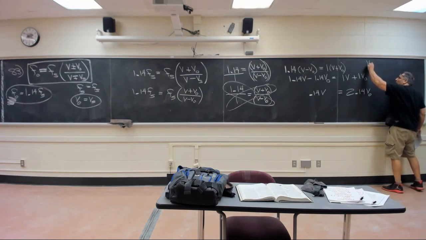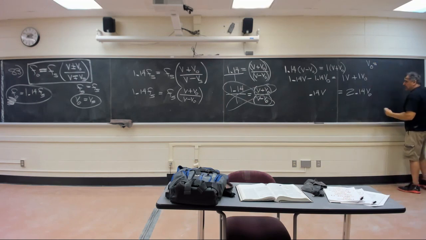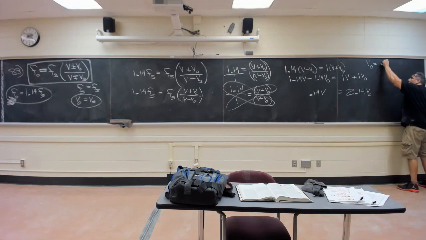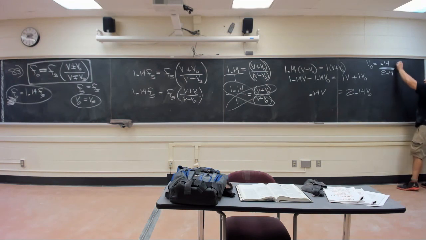VO is going to be what VS is. VO is going to be 0.14 over 2.14 V.